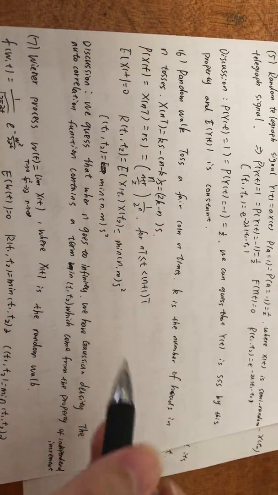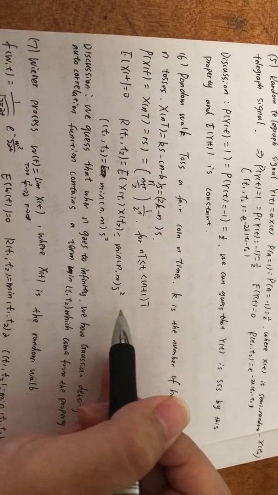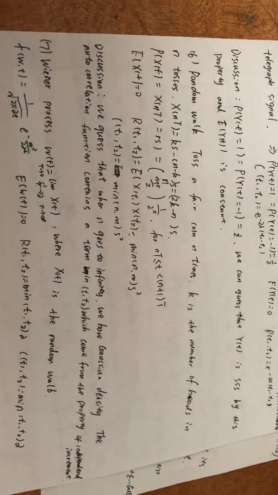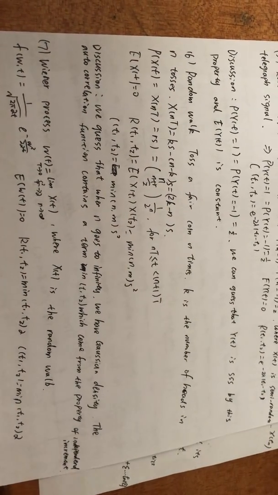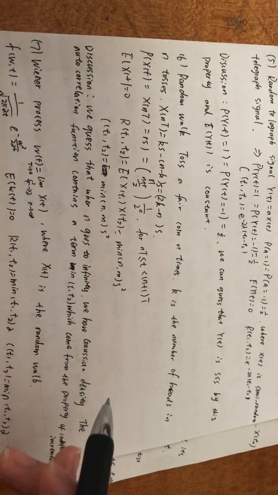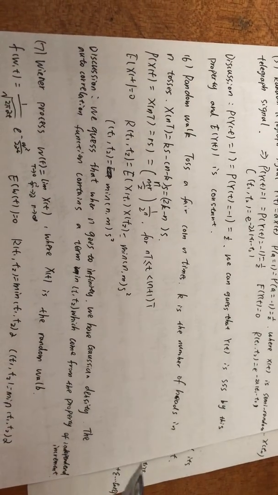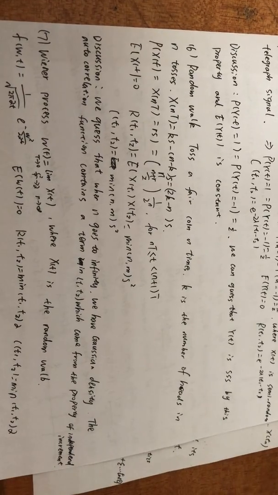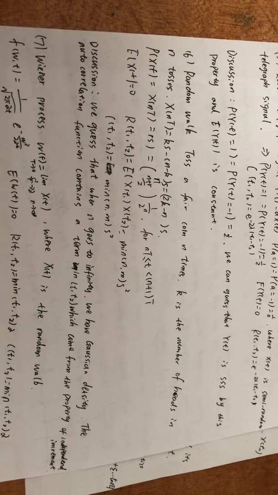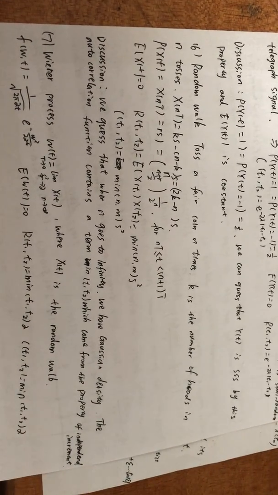We have the autocorrelation equal to the minimum of n and m times s squared, and also the same autocovariance. From the probability mass, we can also guess that when n goes to infinity, we will have a Gaussian density. The autocorrelation function contains the term minimum of t1, t2, which comes from the property of independent increments.